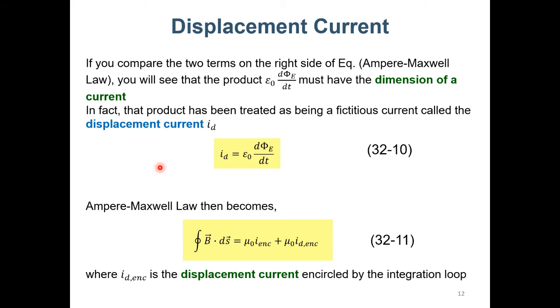So you can have some ramification like this. ID is epsilon naught d phi E dt.